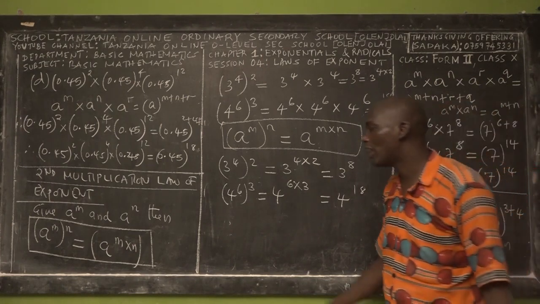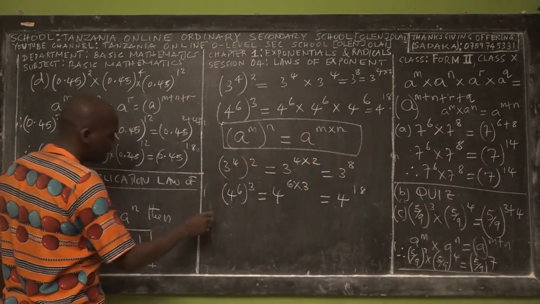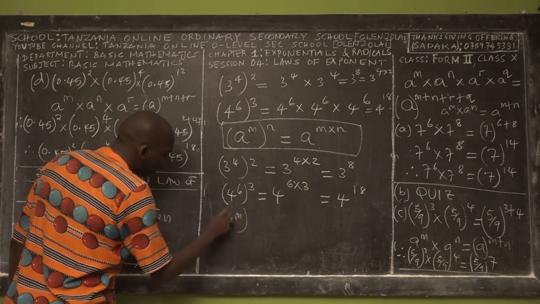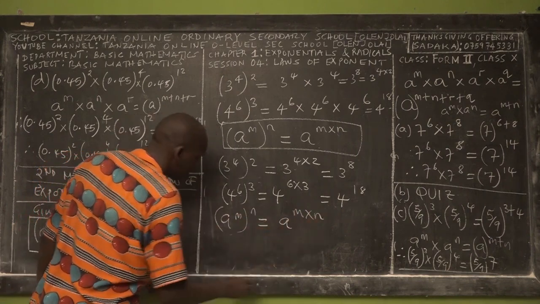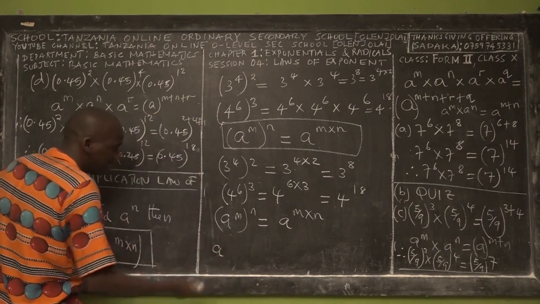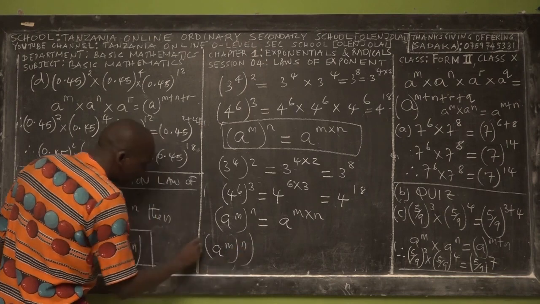So now you have to keep in your mind, there is another law. For example, (a power m) power n is equal to a power m times n. But you can also have maybe 3 exponents: (a power m) power n, power r.